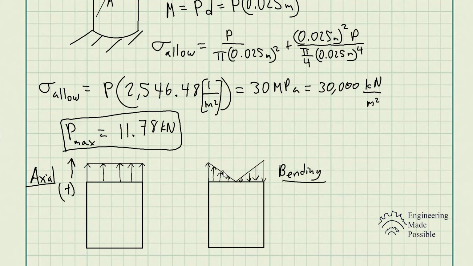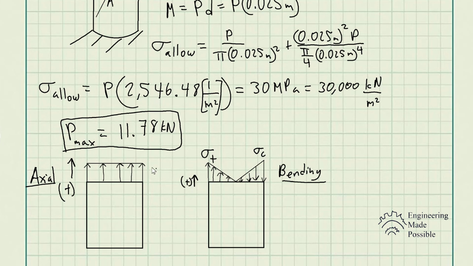Now, when it comes to bending, we know that a portion of the rod is going to be experiencing tensile stress, and the other portion is going to be experiencing compressive stress. So going back to the direction, upwards is positive. What is going to give you the maximum stress that develops in the rod?